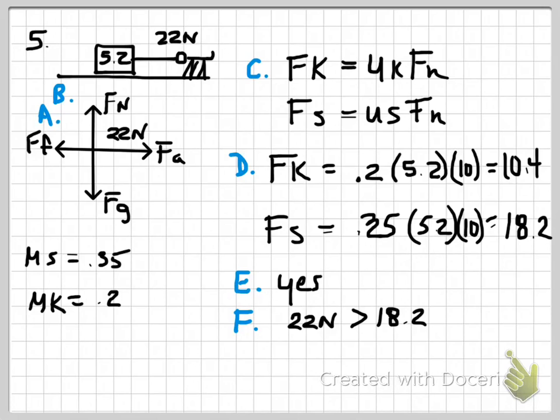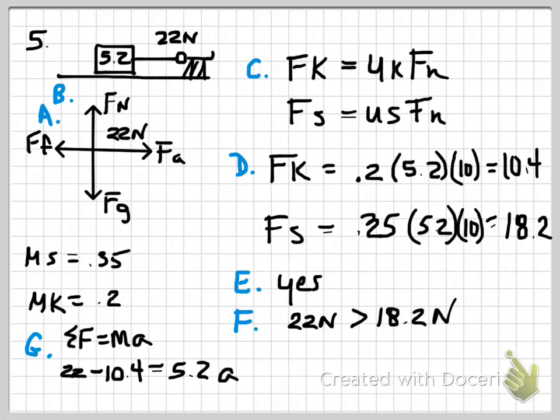The next question asks, if the object is already moving, they want us to calculate the acceleration. So we're going to use, again, mass times acceleration. You'll notice that this time we've got our applied force minus the force of kinetic friction, which is going to give us 11.6.